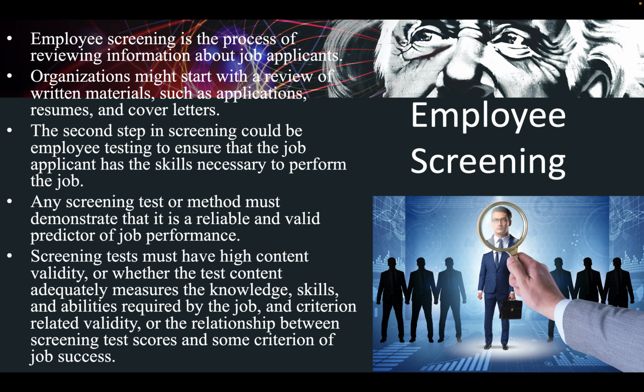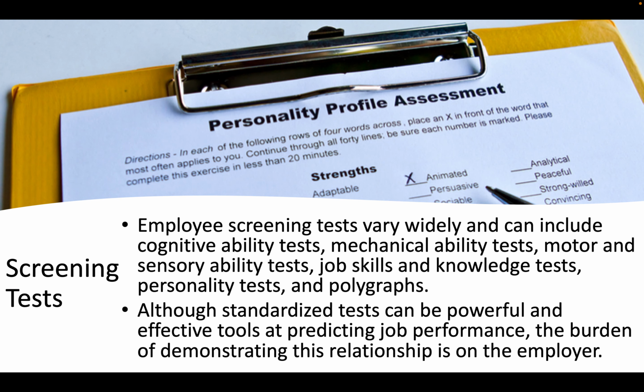performance. Screening tests must have high content validity, or whether the test content adequately measures the knowledge, skills, and abilities required by the job, and criterion-related validity, or the relationship between screening test scores and some criterion of job success.